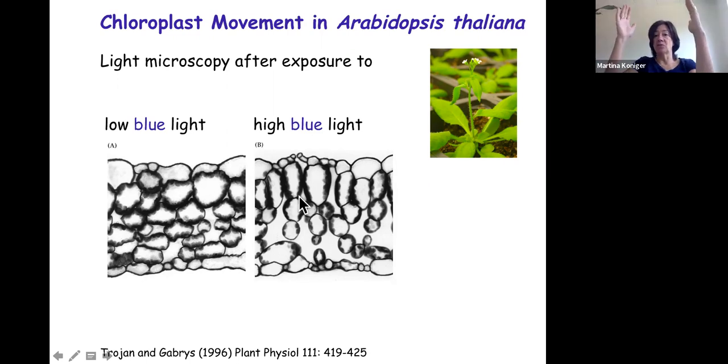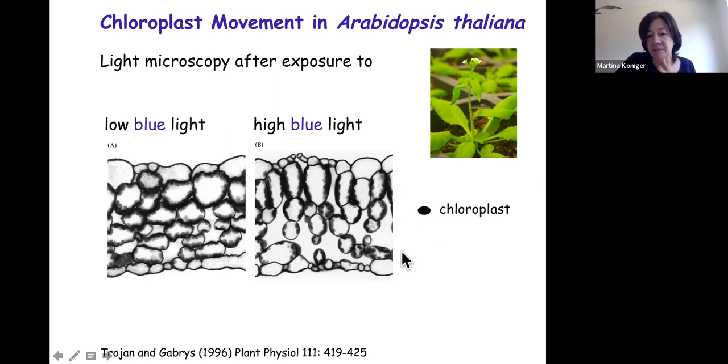So they now go to the edge of the cell, they pile up on top of each other and shade each other, right? We humans do this, we go into the shade or into the sun, depending on what we want, but this is happening within a plant, within a leaf, within a cell: all these little organelles are moving around to optimize how much light they are getting, yeah?